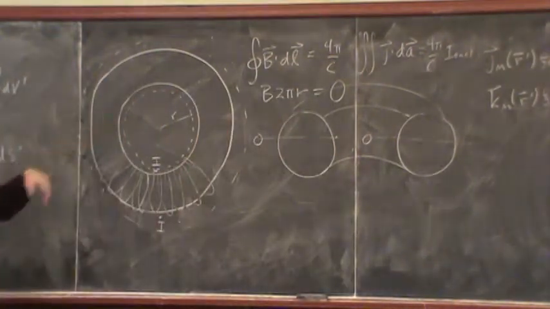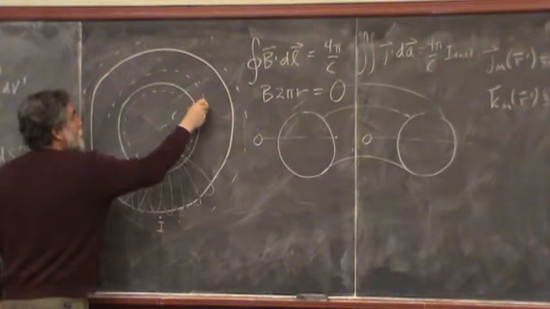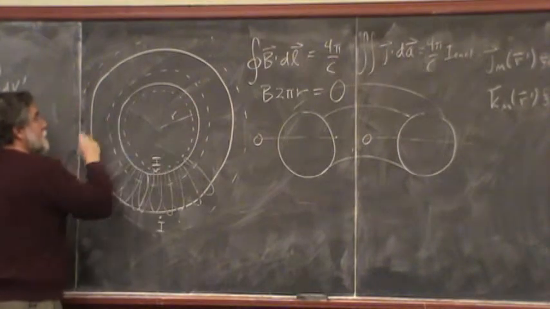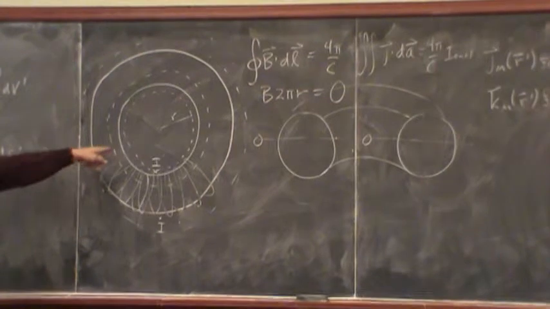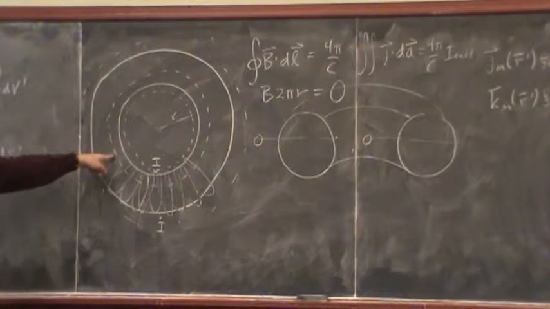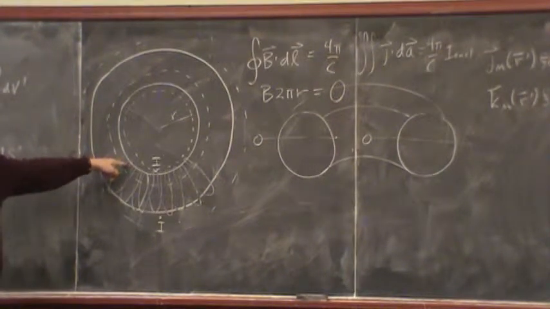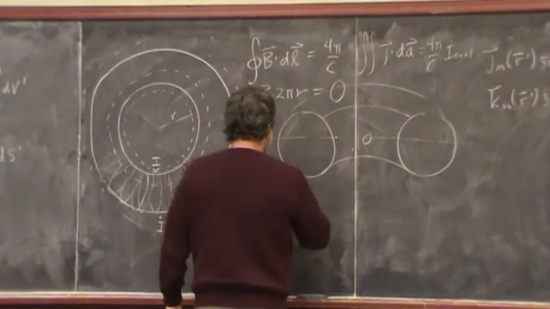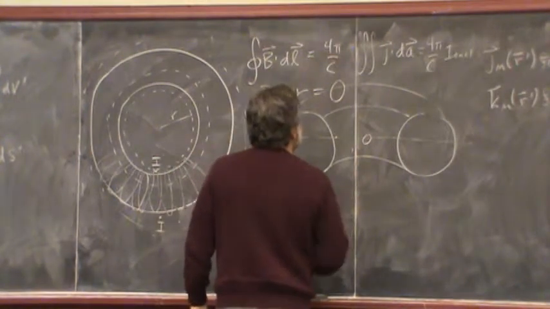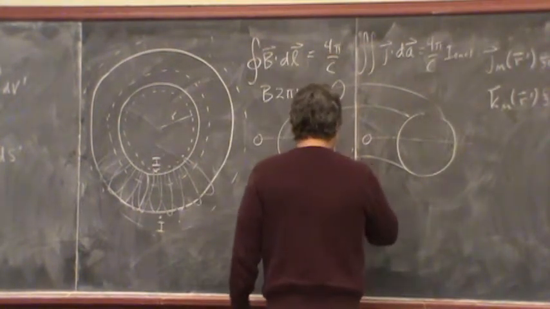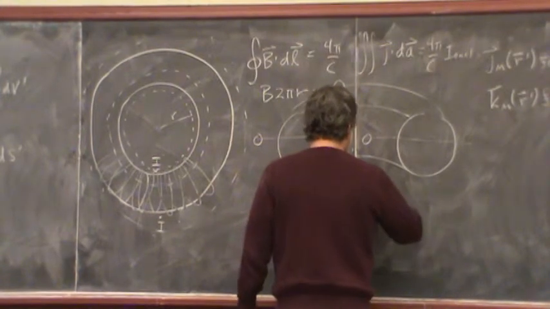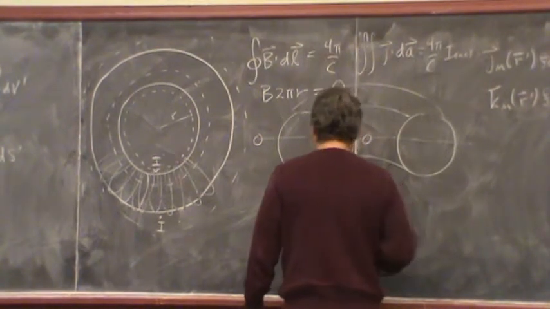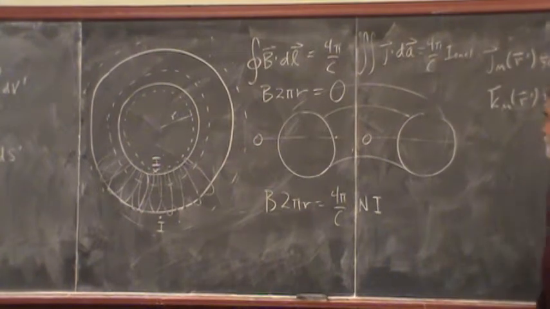Now I come to the inside of the torus itself, and the current that flows through that surface is equal to the number of turns times the current in each turn in the coil. So I have B times 2 pi r is equal to 4 pi over c times the number of turns in the torus times the current in the coil. Did I do that right?